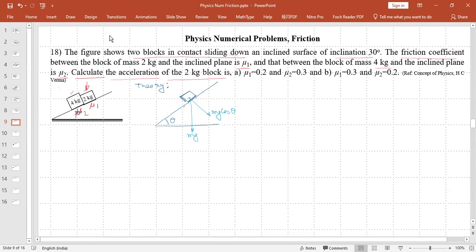It has another component, mg sin theta, which is parallel to the surface. Now, if it tries to slide down, there is always a frictional force, small f, which will oppose its downward motion. And there is a reaction force R. This diagram you already know, and let's say the mass of this body is M.